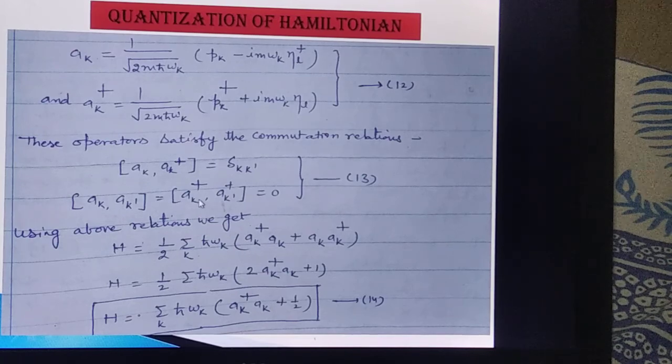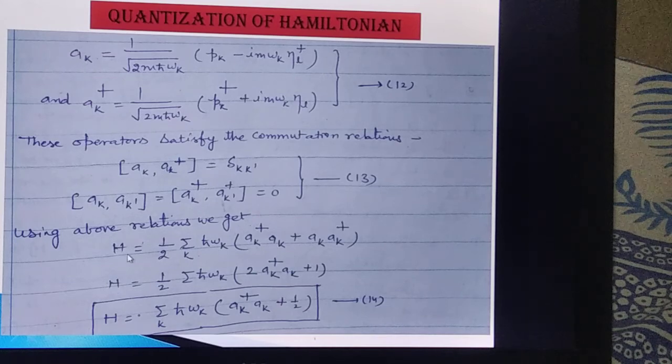This will be equal to 0. So if you use the value of ak and ak dagger, I think here it should be eta k, not eta l. This is wrong actually. You have to write eta k dagger here, eta k. So correct it.